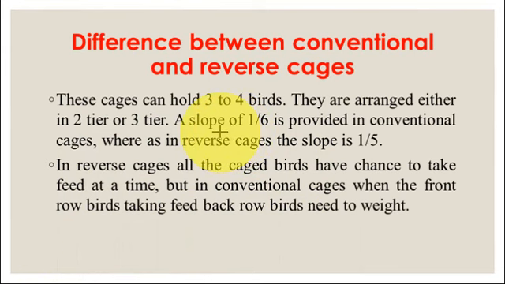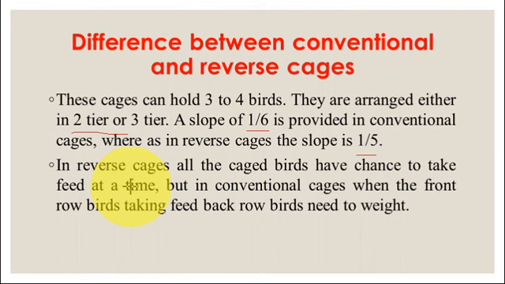What is the difference between conventional and reverse cages? In conventional cages there are no compartments one above one, but here these are arranged into 2 tiers to 3 tiers. And also the slope is 1 by 6 in the conventional cages, but here 1 by 5 cages are there.